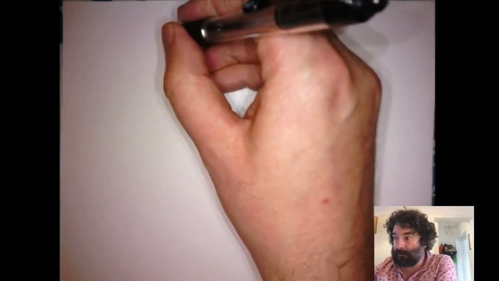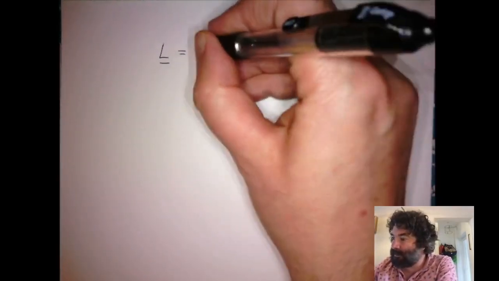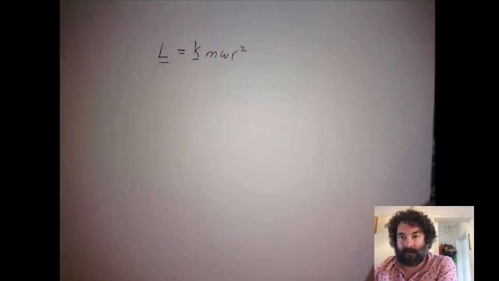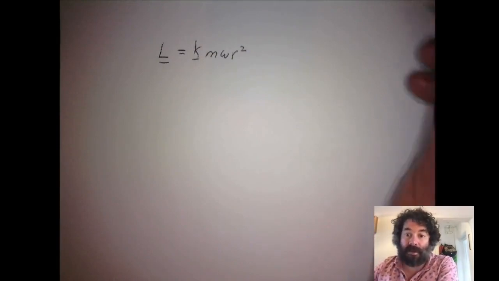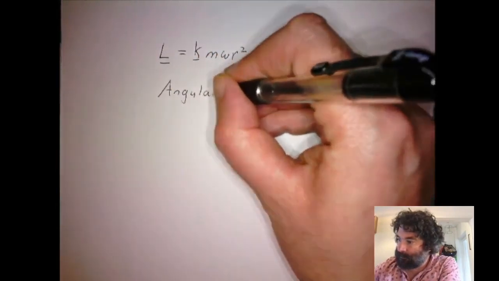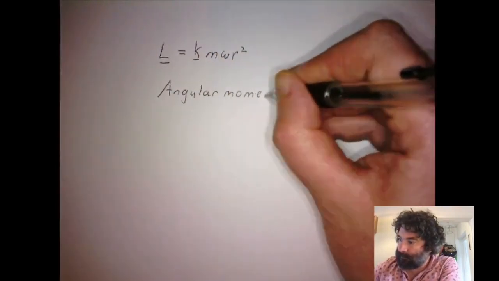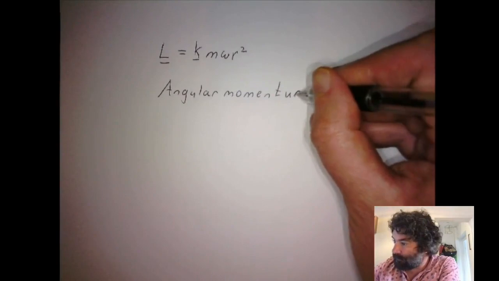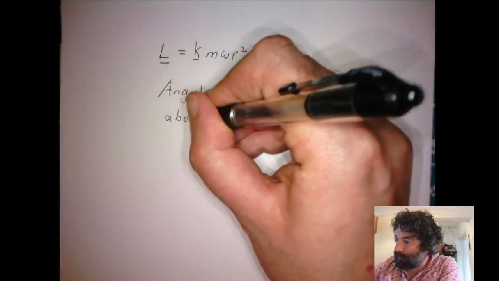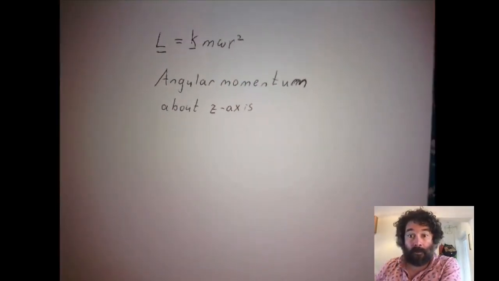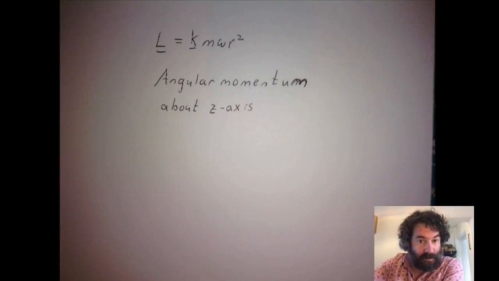So let me rewrite what we just calculated. We just calculated L was k m omega r squared. Now finally we want to calculate the angular momentum about the z-axis. Remember, let me show you the slide one more time.